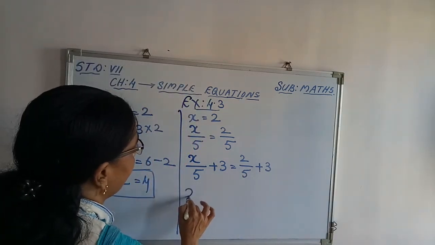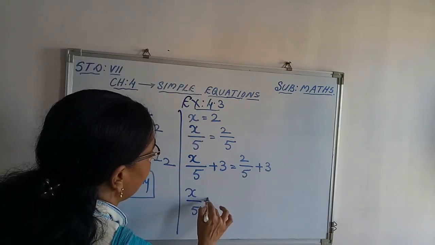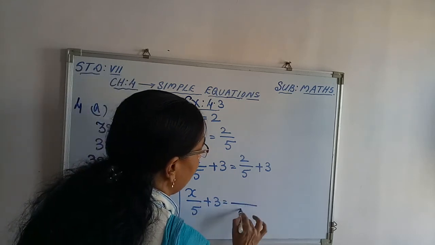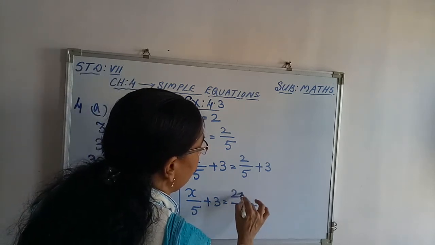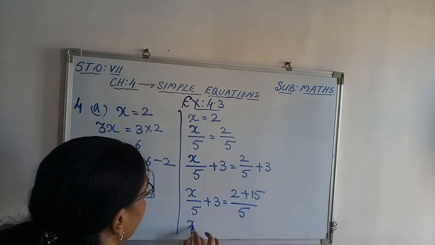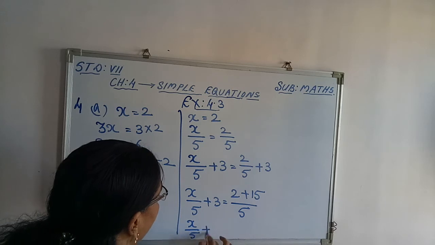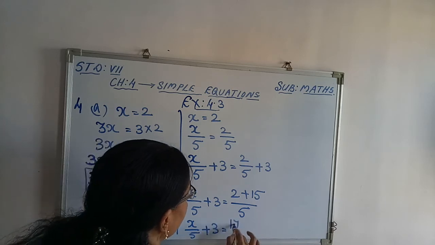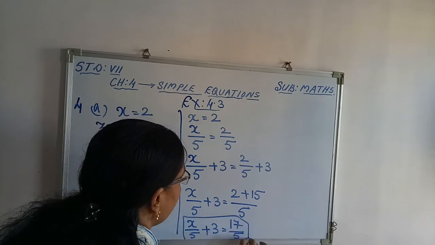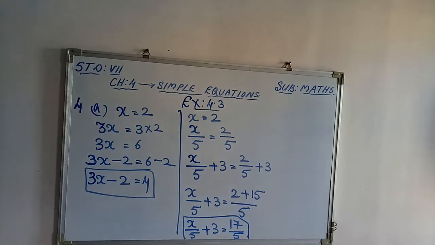Finding the LCM, we get 5, then 2 plus 15. So we can write the equation as x upon 5 plus 3 is equal to 17 upon 5. This can be considered as the second equation.